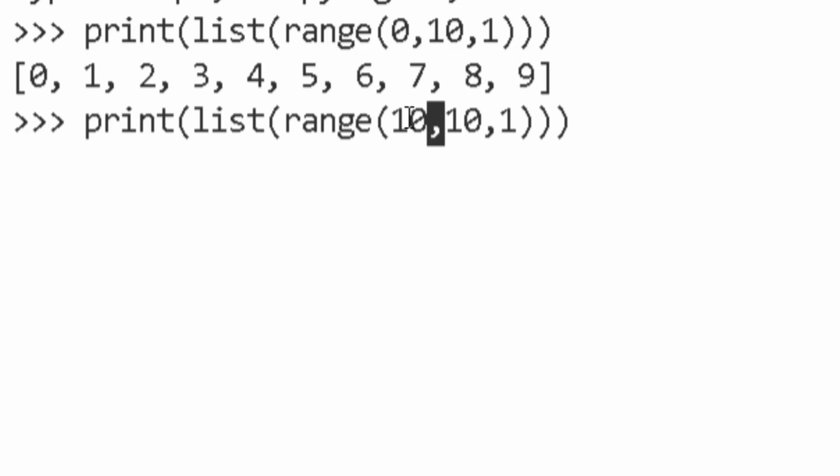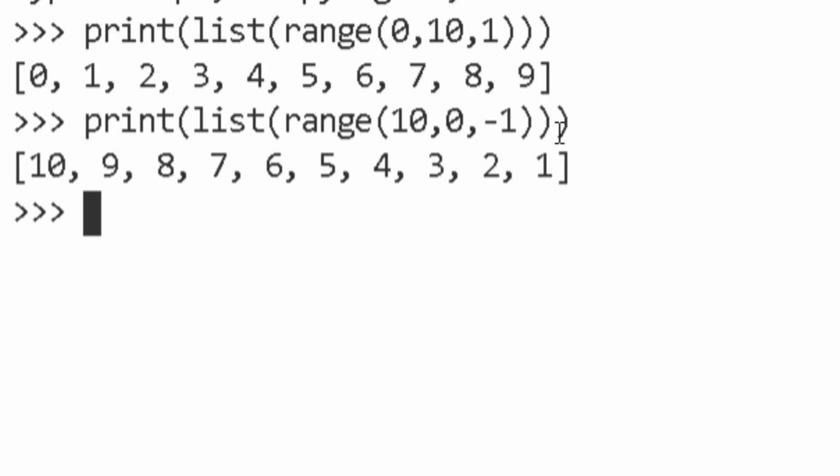I'll interchange the 0 and 10. But this time, instead of a positive number, we use -1. Alright? So we can now print our numbers in reverse.